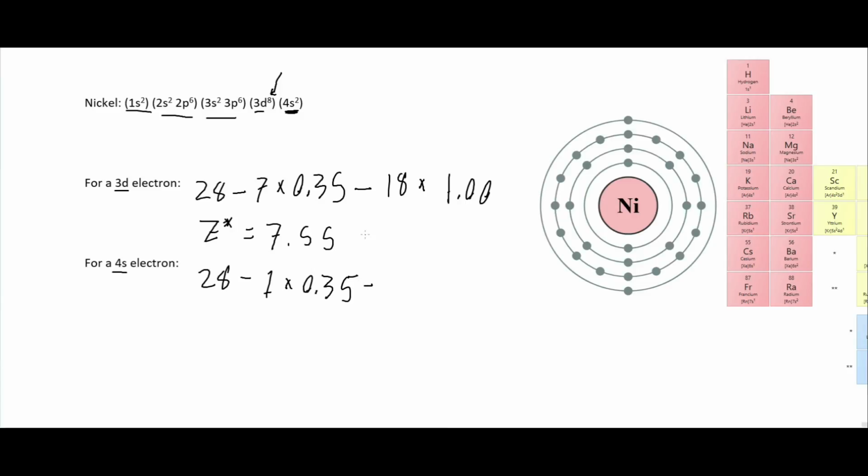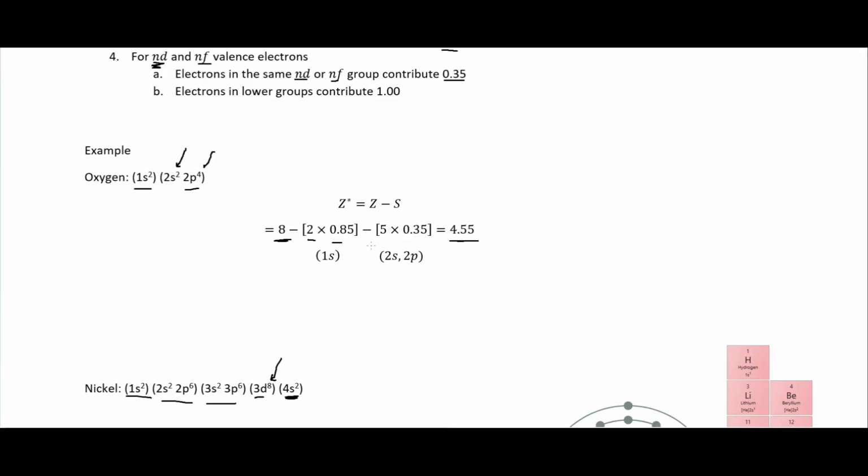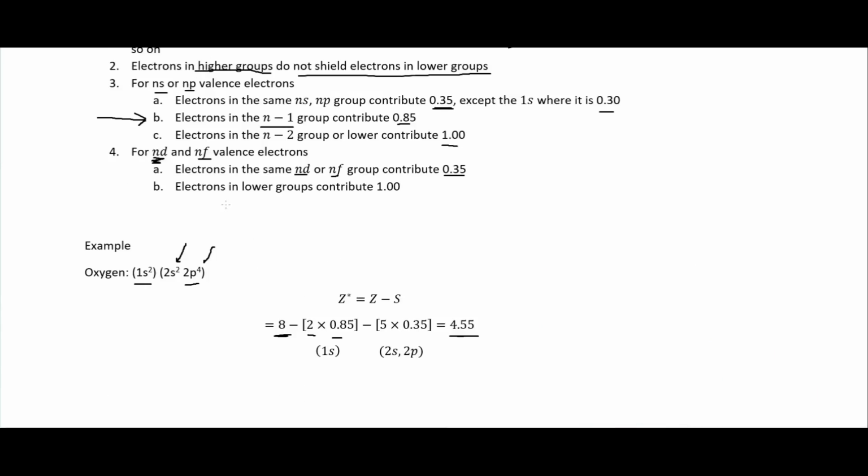Then we subtract off, so let's go back up and look at rule 3b: electrons in the n-1 contribute 0.85. So how many electrons are in the n-1? We see that that is 8 plus 8, so 16. So it would be 16 times 0.85, and then what we have for 3c is n-2.